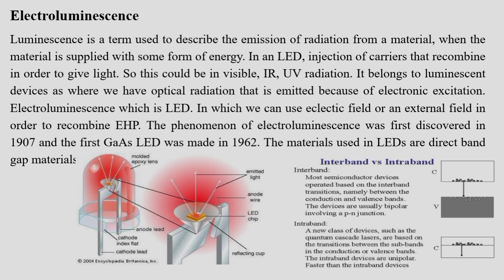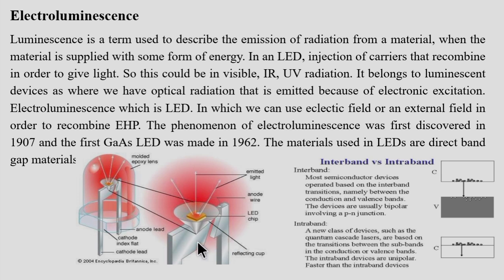Now, the phenomenon of electroluminescence was first discovered in 1907, and the first gallium arsenide LED was made in 1962. The materials used in LEDs are direct band gap semiconducting materials. Here is the LED chip, which is the PN junction, and here there will be a cathode and this is the anode.